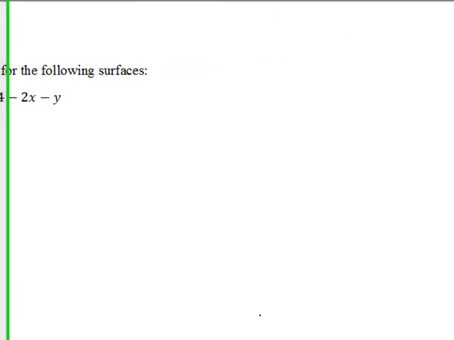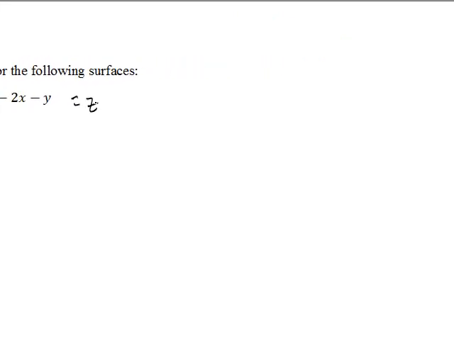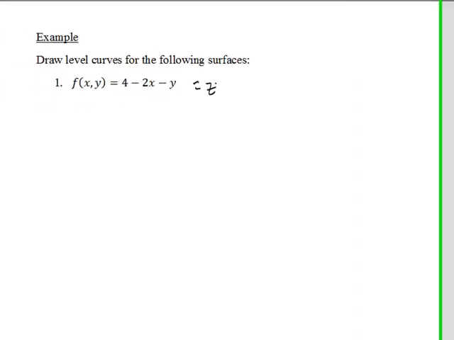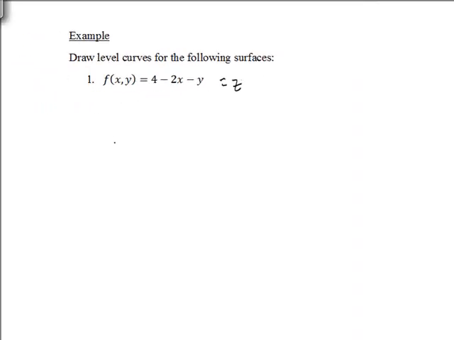So this is your z, all right? You let z be equal to a number of constants. Right, so let's choose some values for z. Let's try z equals 0. We can never go wrong with 0. And when you get 4 minus 2x minus y equals 0, that gives us y equals minus 2x plus 4. So we have a line actually.